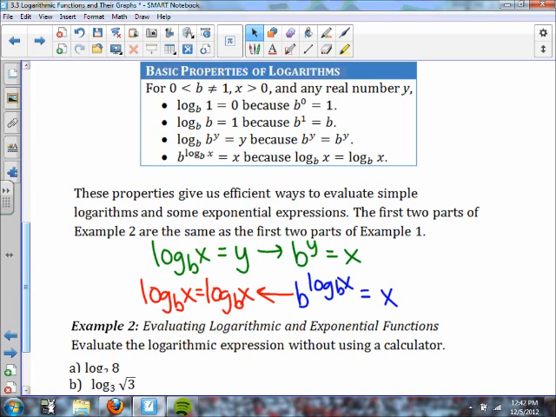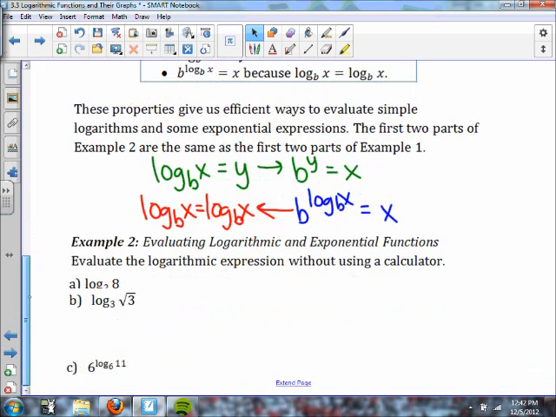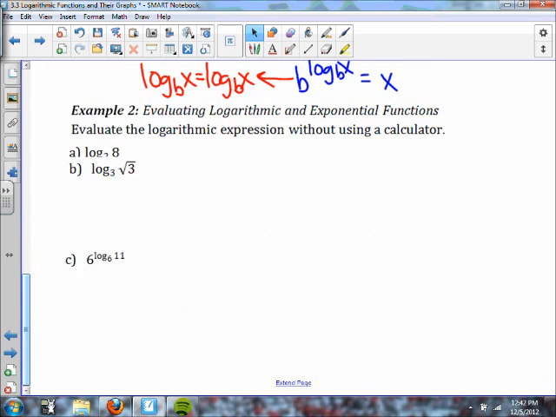That's why this works. So it's just saying these are equal. So switching back from exponential to logarithmic form, these are equal. Okay, we'll see that again and again, especially if you look at example 2c, we'll see it.